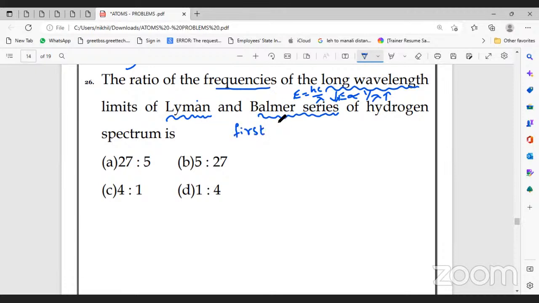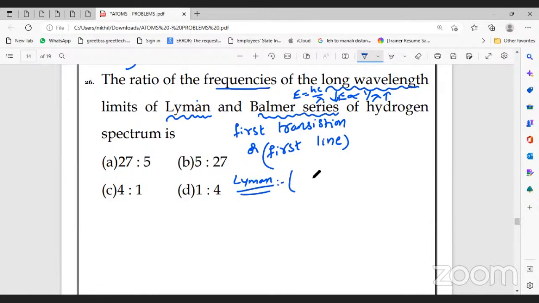So for the first transition, or the first line, we call it the longest wavelength.